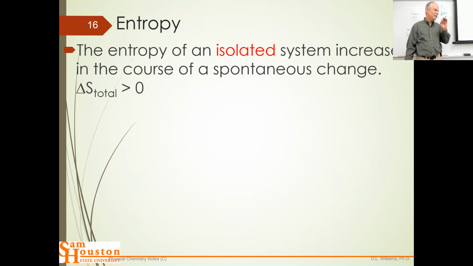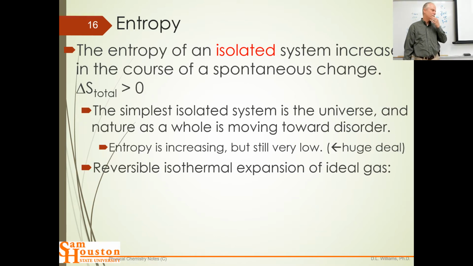So we get into these definitions of entropy. This isolated system that we're talking about, the universe, its entropy is increasing over time in the course of spontaneous change, and it's still very low. That's a big deal, that our universe still has burning stars and planets and ice comets and so on.